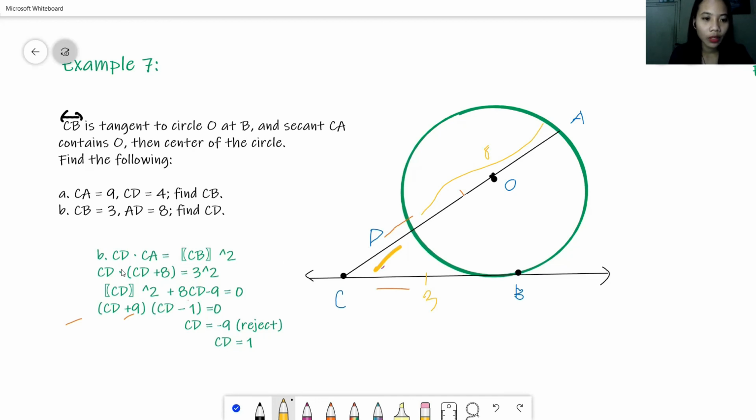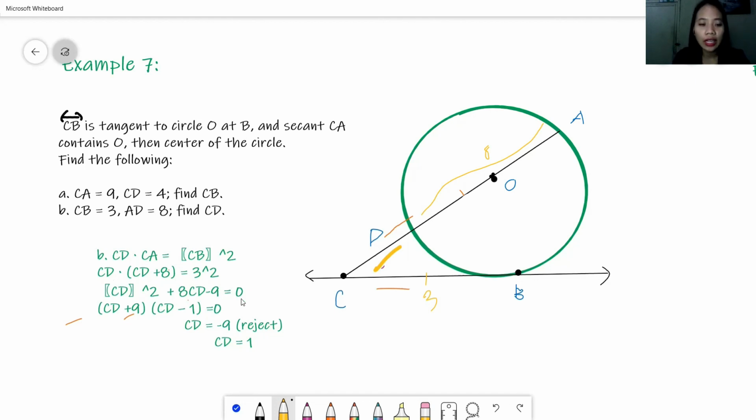So what we're going to do is CD times CA, which has a value of CD and DA. So CD times CD plus 8, which is the value of our AD, is equal to 3 squared, since the value of our CB is 3. So CD squared plus 8CD, which is CD times 8, minus 3 squared, which is 9, equals 0.